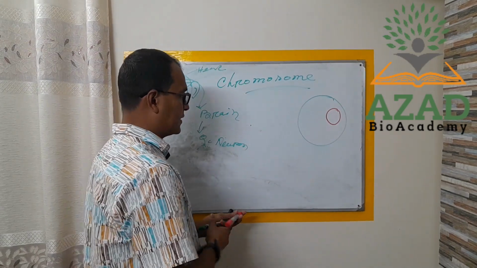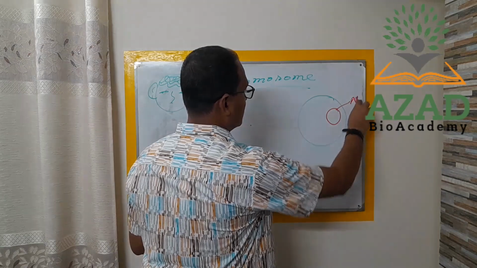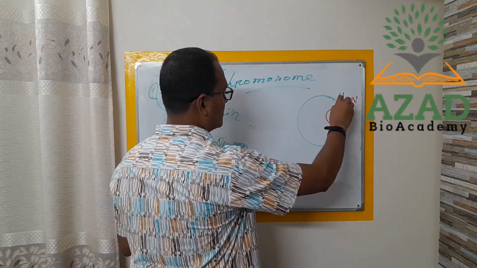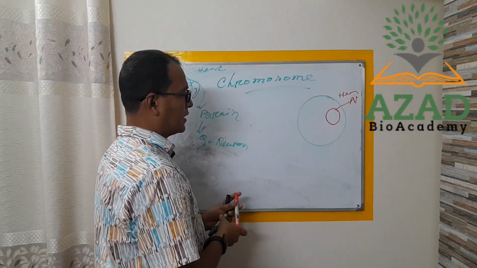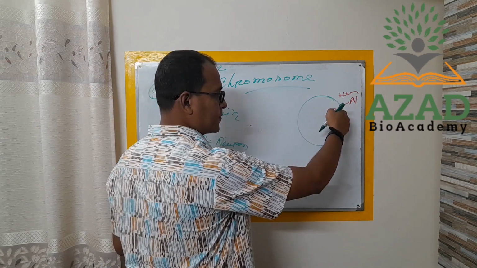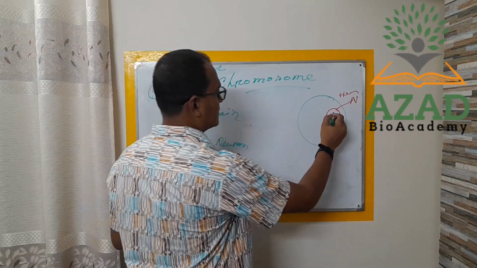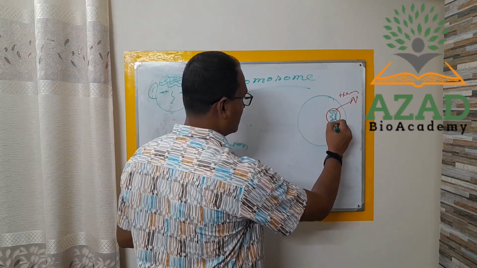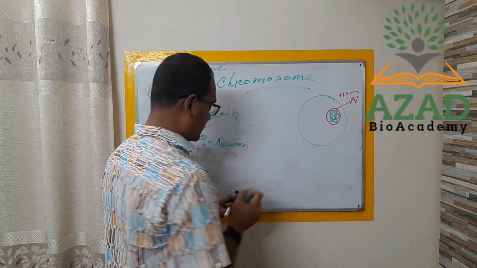this is the nucleus, that is the head of the cell, and within the nucleus, as like the brain, genetic materials are there in a condensed form.